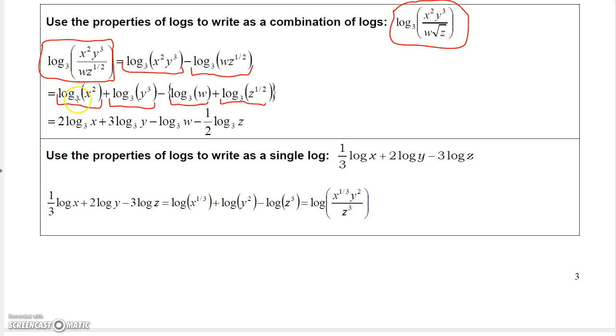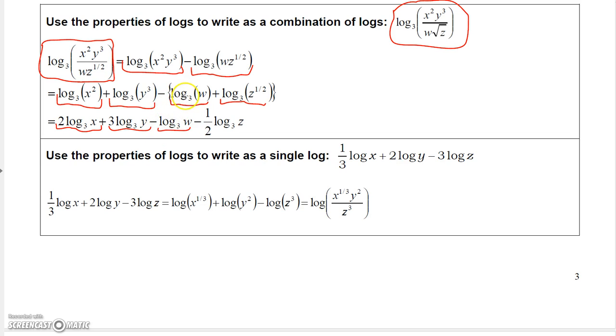So now I can also use the power rule here. The log of x to a power is the power times the log. So the log of x squared base 3 can be written as 2 log of x base 3. And same for the log of y cubed base 3, which can be written as 3 log y base 3. And of course log of w base 3 is just log of w.